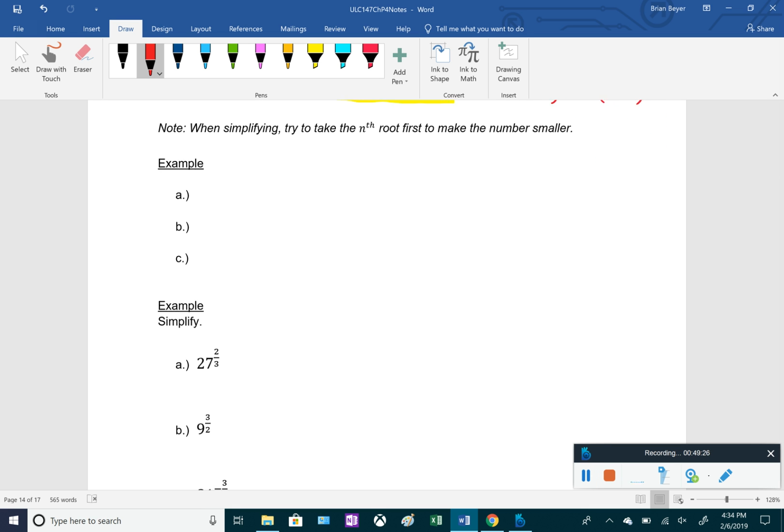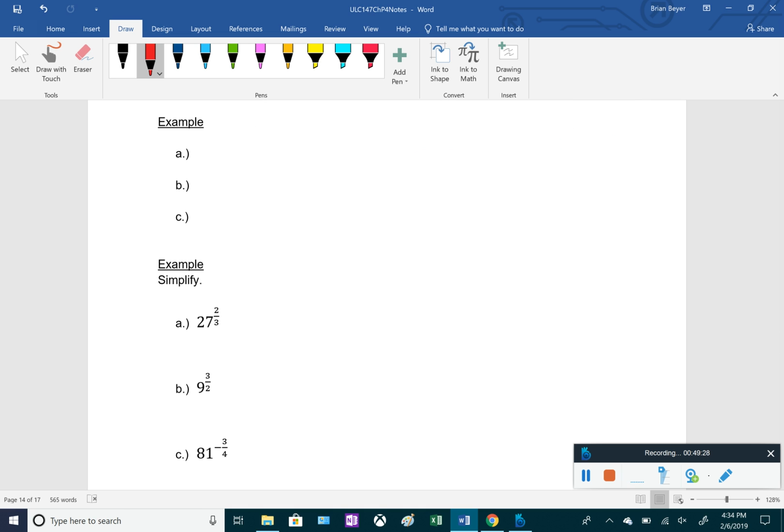Okay, so some examples here. Let's say, I'm just going to use x again, we had x to the 2/3. So it's just an exponent, except it's a rational number, a fraction rather than a whole number. If we wanted to, we could rewrite this in way too many different ways.